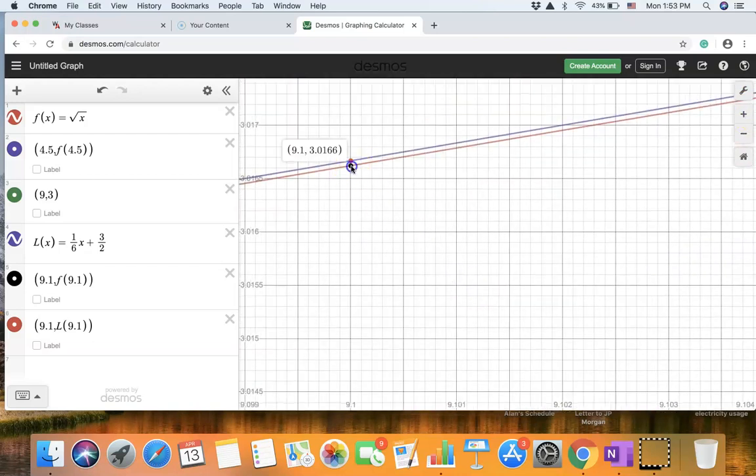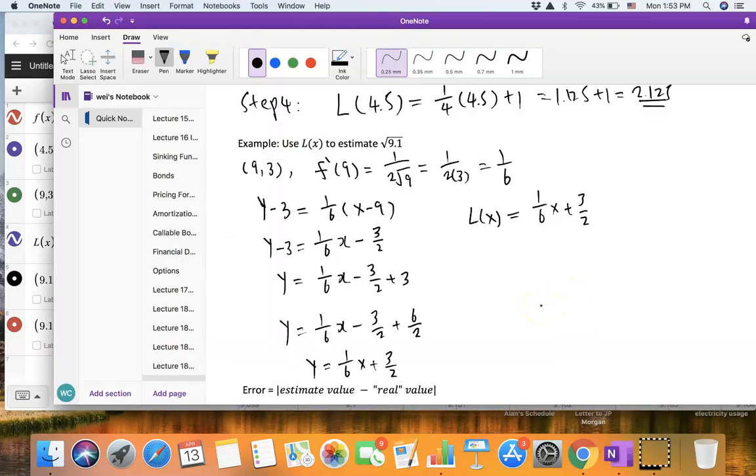Right, you can see them pretty close. So therefore, this will guarantee that L of 9.1 will be a good approximation to the square root of 9.1.